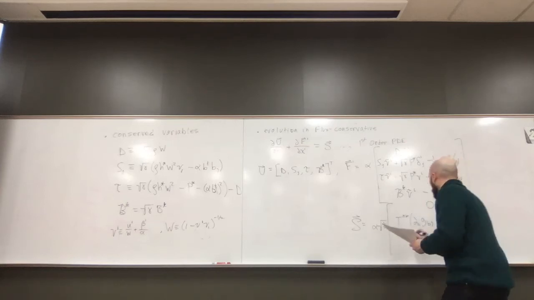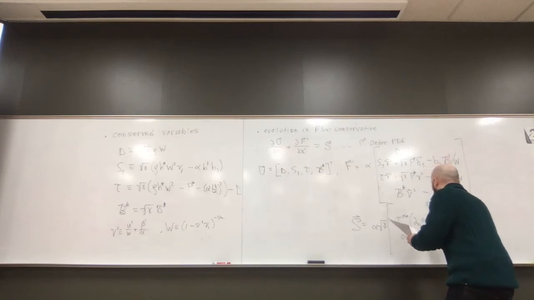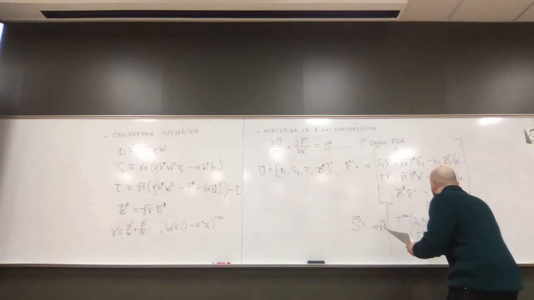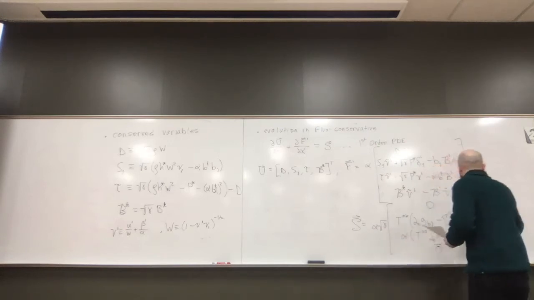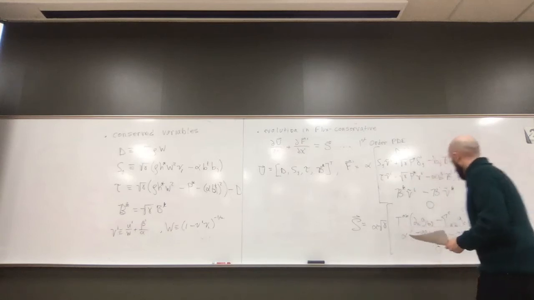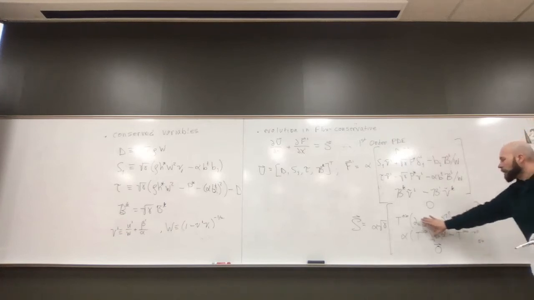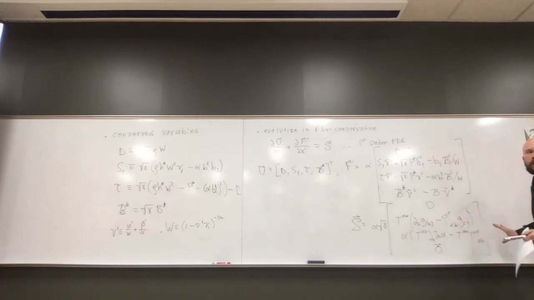Like that. Alpha times T^{A0}, the spatial gradient of the natural log of the lapse, minus T^{AB}, connection coefficient Gamma^0_{AB}, and then for the magnetic field, 0 vector. Like that. So those are the source terms, right? And so here's gravity acting on the momentum and energy, right?